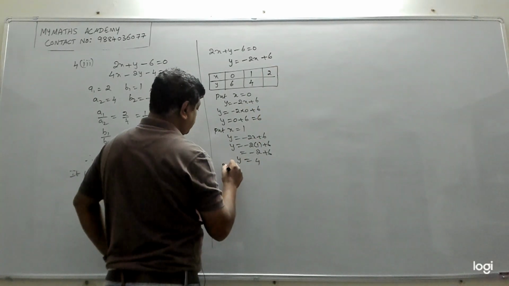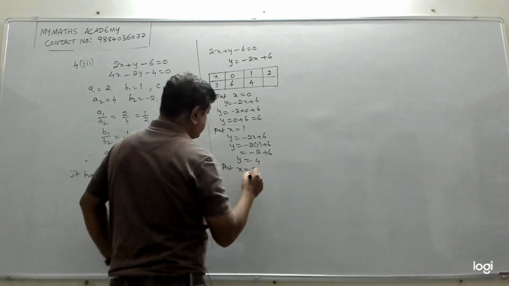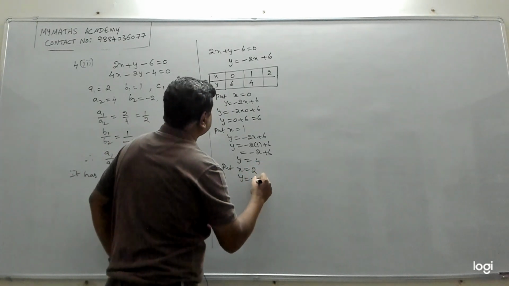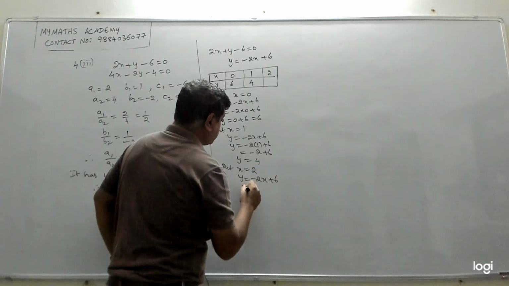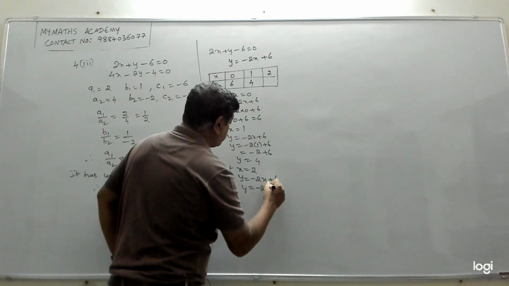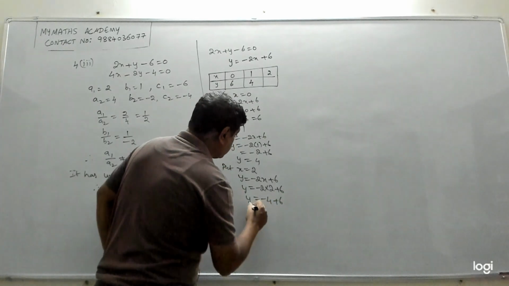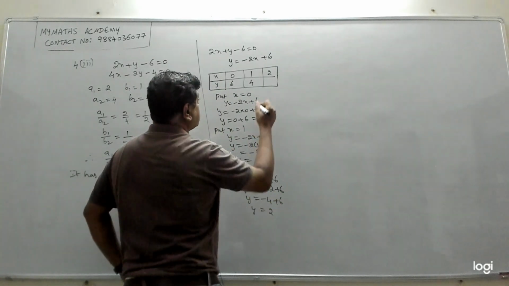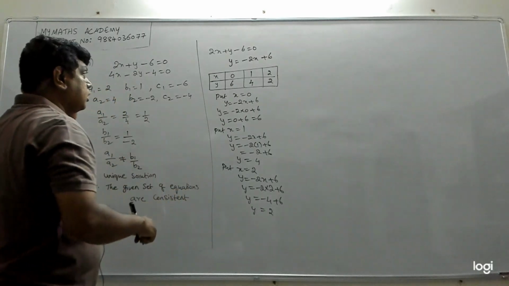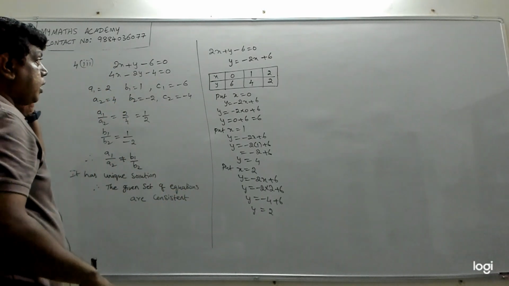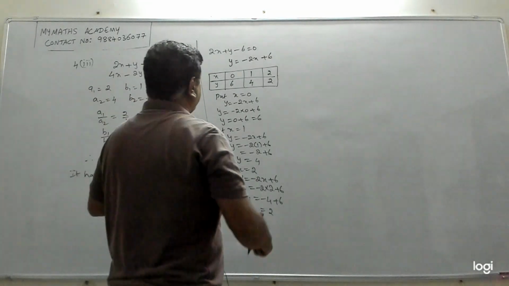When x is 2, my y is minus 2x plus 6. So y is equal to minus 2 into 2 plus 6. So y is equal to minus 4 plus 6. So y is plus 2. So when I put x is equal to 2, I get my y also as 2. So now we have found 3 points.